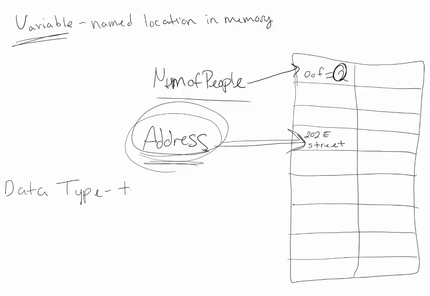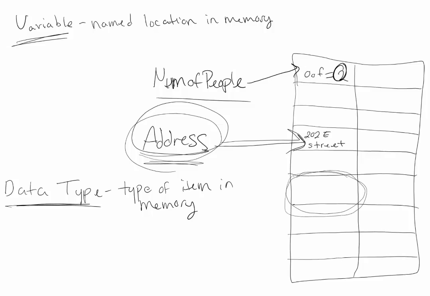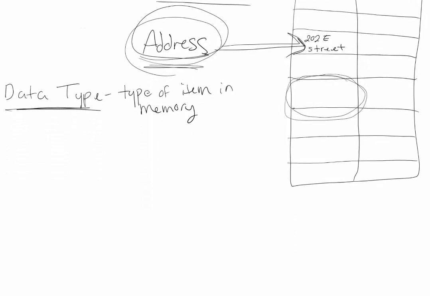So I'm just going to put type of item in memory. Right? So a data type defines the particular item, and it imposes some rules on the item that we're holding in memory.